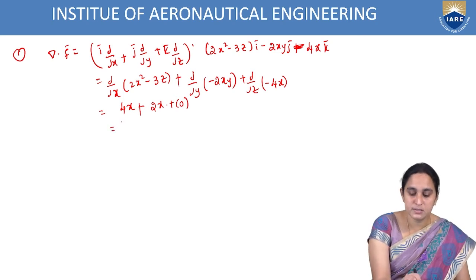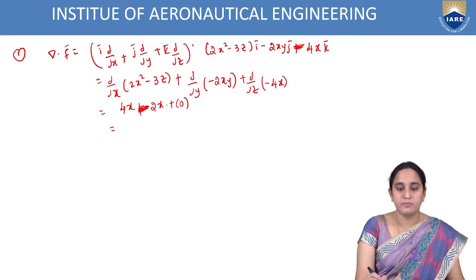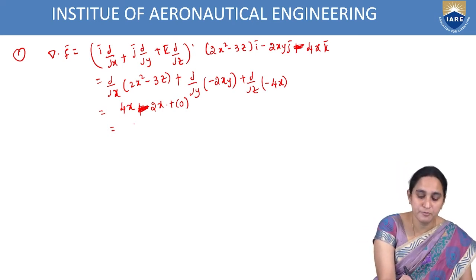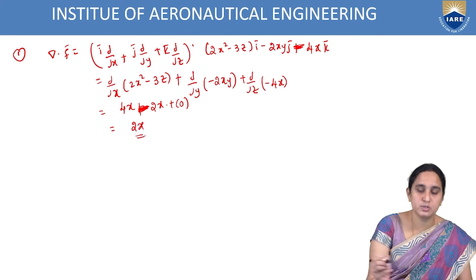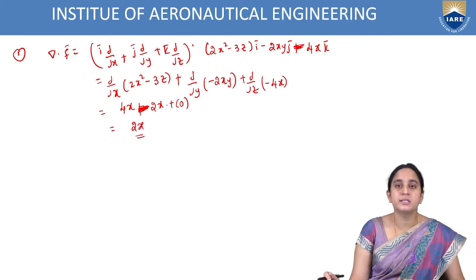Therefore this is minus. So del dot f bar is 4x minus 2x, which is 2x.